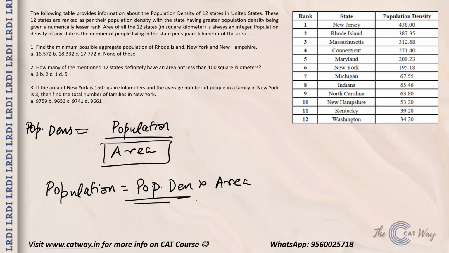Now what do you observe is that whenever it is an odd number after the decimal, an odd number which is not a multiple of 5, the only way to make it into an integer is to multiply it by 100.